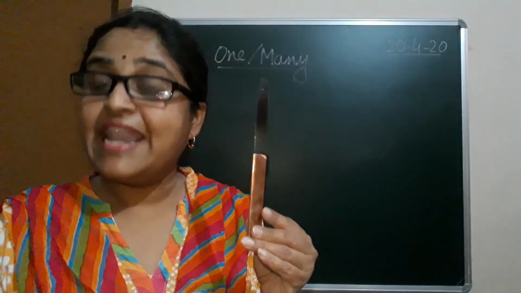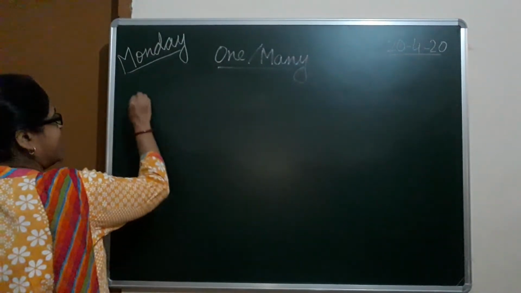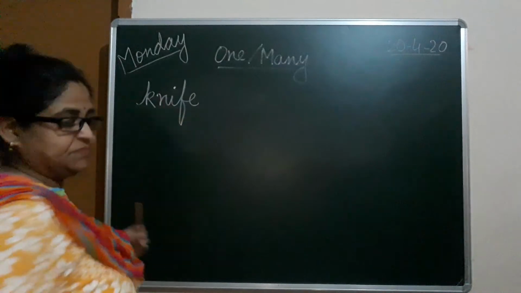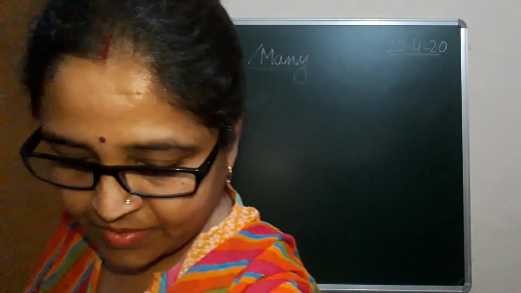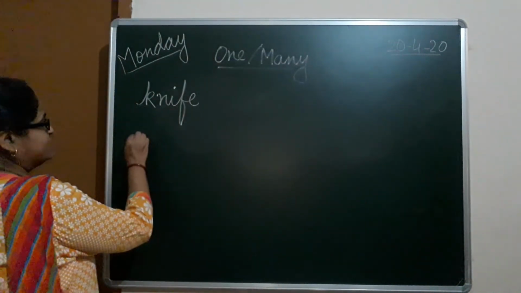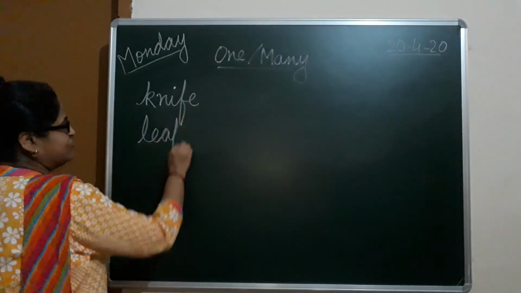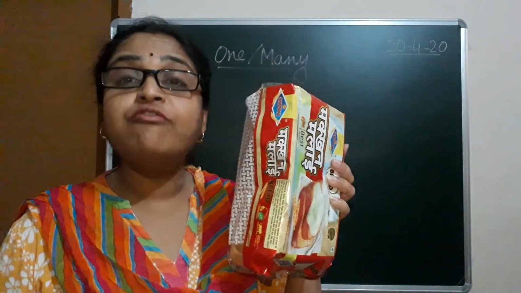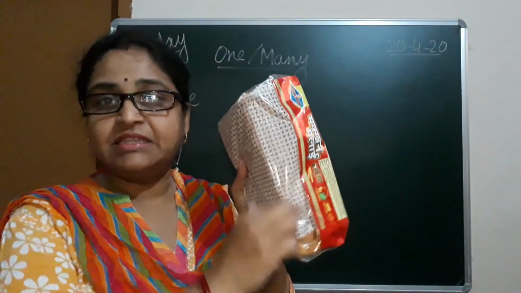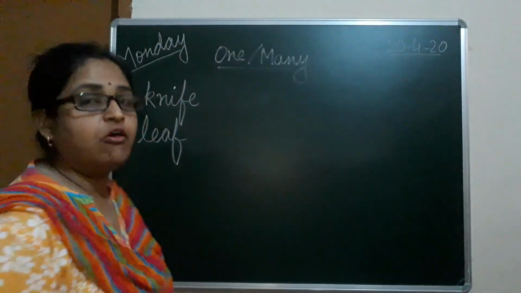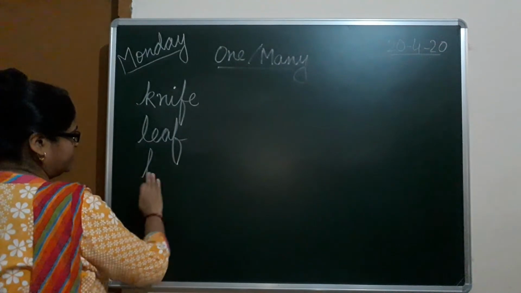This is a knife. Then, what is this? This is a leaf. Very good. Then, what is this? This is a loaf of bread. This whole packet of bread is called a loaf of bread. Okay, loaf.